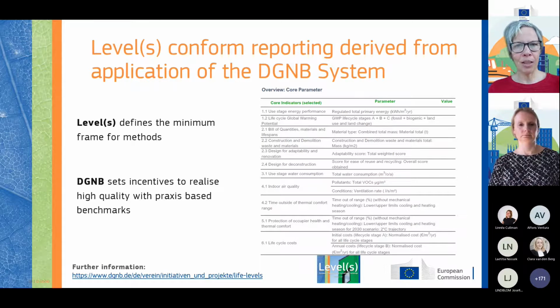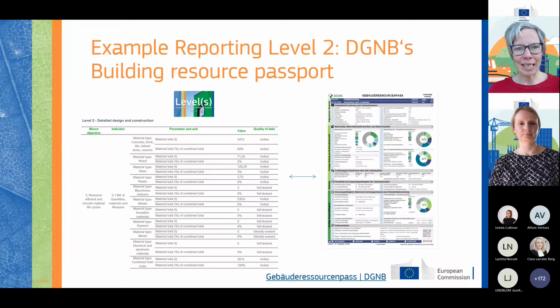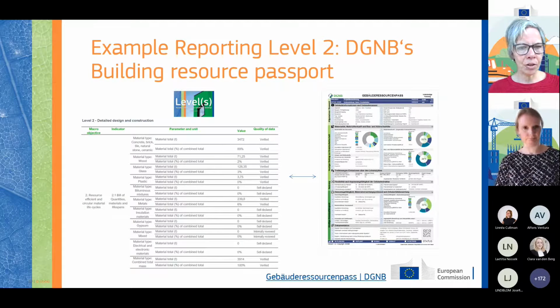For the time being, it's an Excel export, but since we have aligned the Levels indicators and the DGNB scheme, Levels reporting is supported a lot by applying the DGNB system. And on the next slide, we also showcase our latest development, an example where we really want to show that it's important to have a common language.